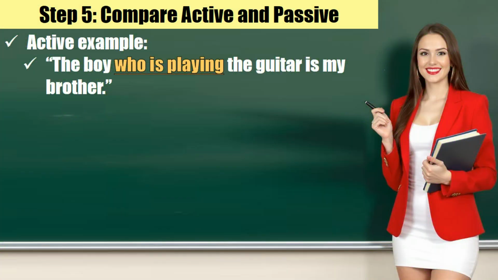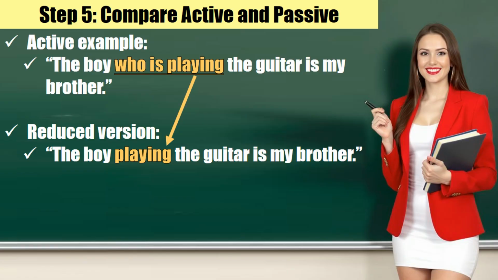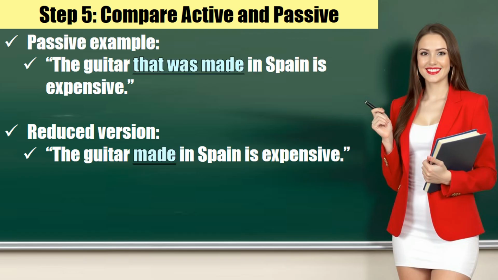Step 5. Compare active and passive. Let's compare two examples to make this crystal clear. Active example. The boy who is playing the guitar is my brother. Reduced version. The boy playing the guitar is my brother. The boy plays, so we use "playing." Passive example.